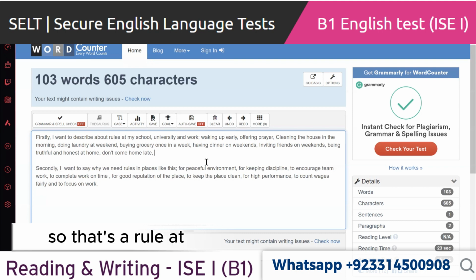That's a rule at people's house, that you cannot watch TV while eating, or you can just watch TV for an hour, right? So which one do you want to choose? Not watching TV while eating? That's a hard rule. Okay, not watching TV while eating.